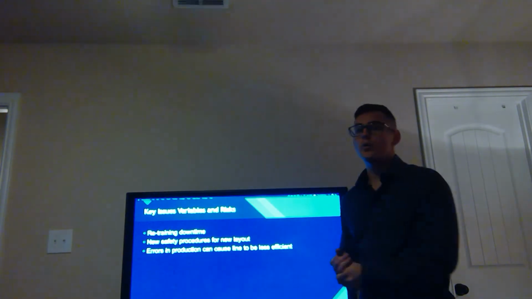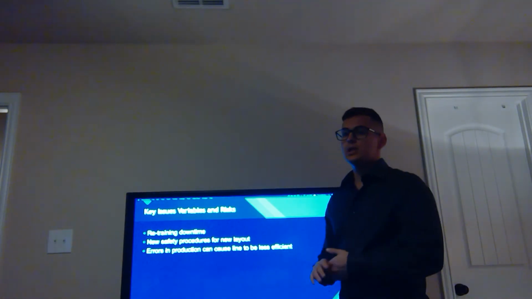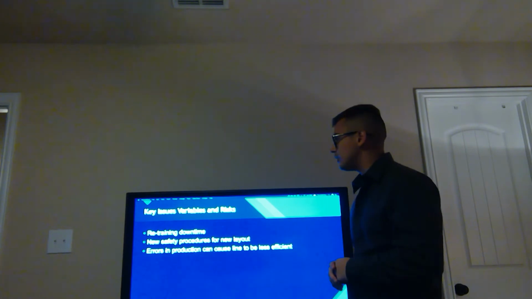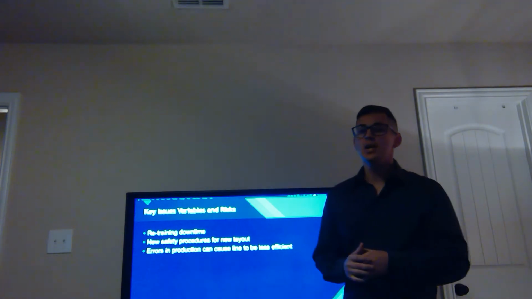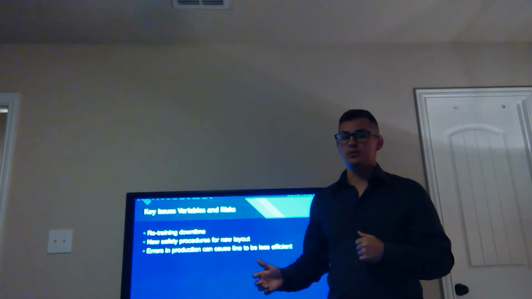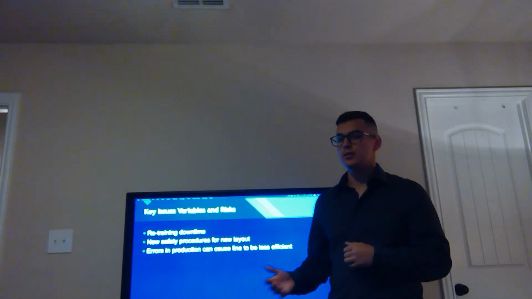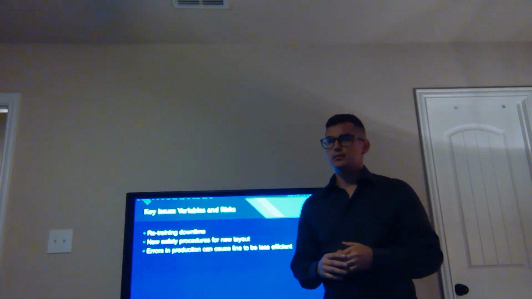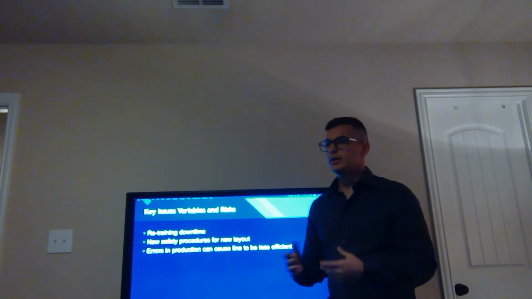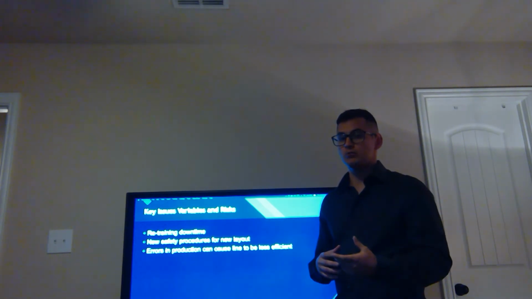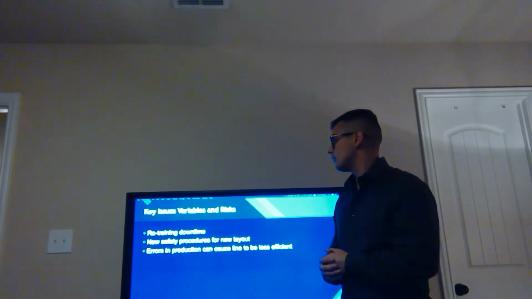So some of the key variables, issues, and risks that we need to address for this new system is going to be the retraining and downtime that it's going to take. This is time that we can't be producing product, and it's required so that we can run more efficiently in the future.